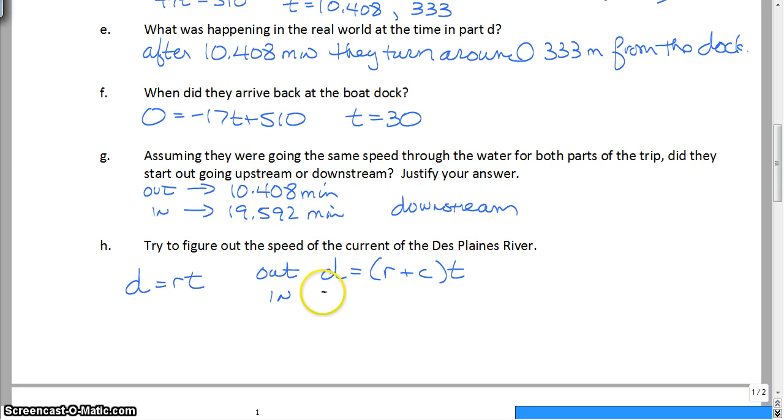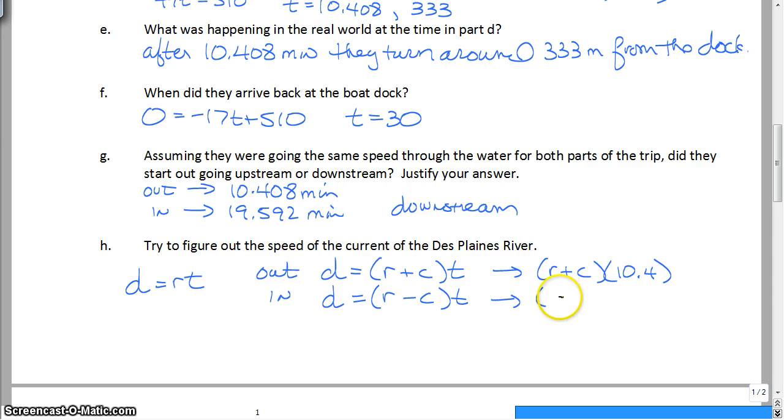And on our way back in, we're going to be rowing, and we're going to subtract the current times t, because we're paddling against the current. Okay, so this is going to give us rowing plus the current times the time it took, 10.408.